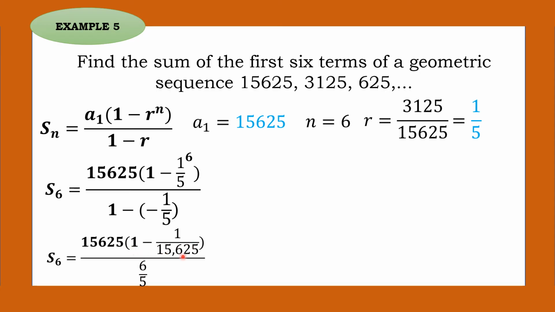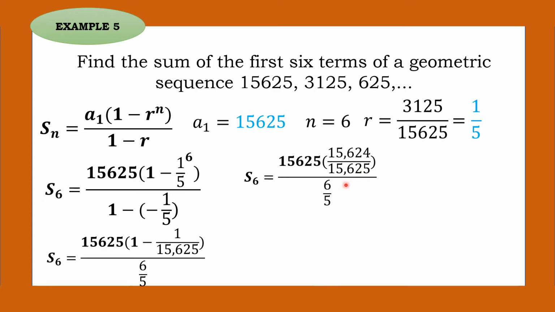Simplifying what is inside the parentheses, 1 minus 1 over 15,625, that will give us 15,624 over 15,625. And then we multiply it by 15,625. So we can cancel this out.